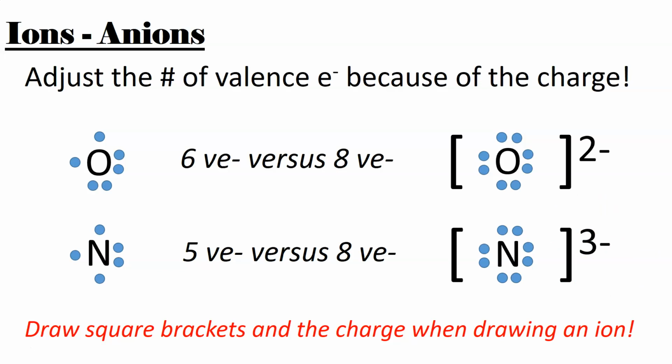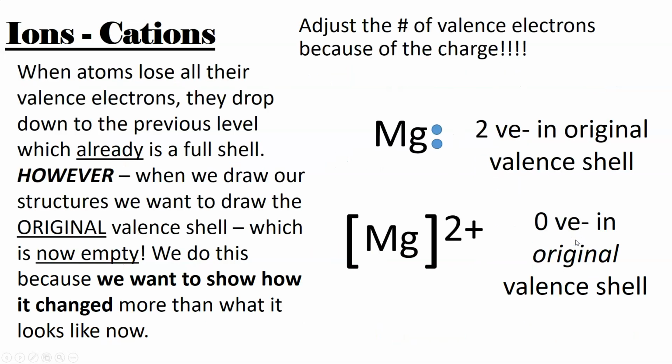Drawing cations is a little bit stranger because we have to think about what they looked like before, what they looked like after, and we have to kind of think about how we're going to represent that when they've lost electrons. So, we still adjust the number of electrons because of the charge.